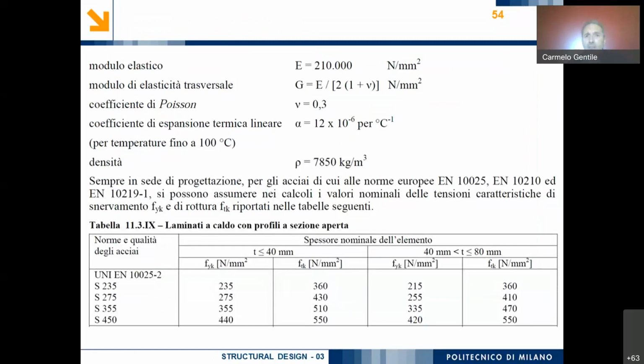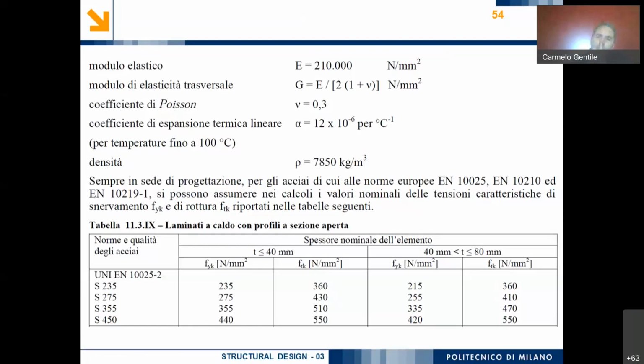As I anticipated before, at present, the kinds of industrial steel are denoted as S235, S275, S355, also S450. And of course, the number after the S is just the value of the characteristic yielding stress.